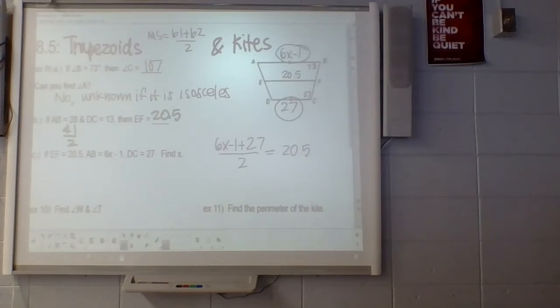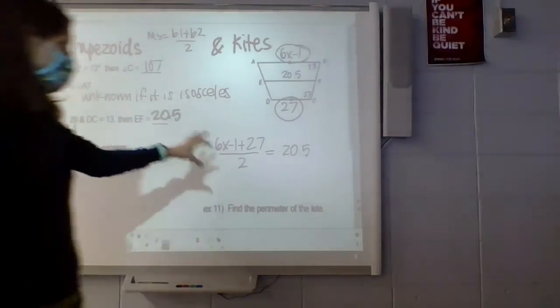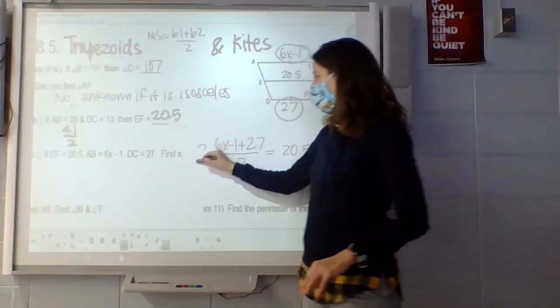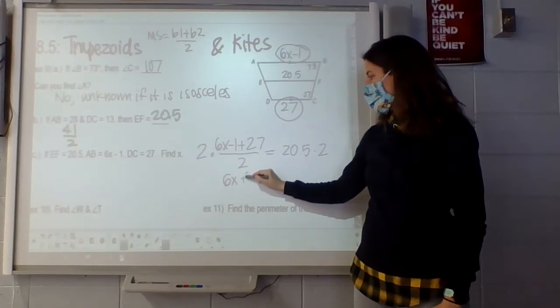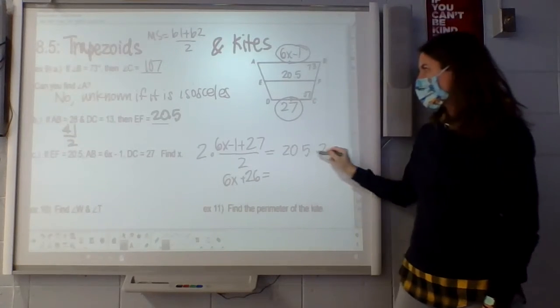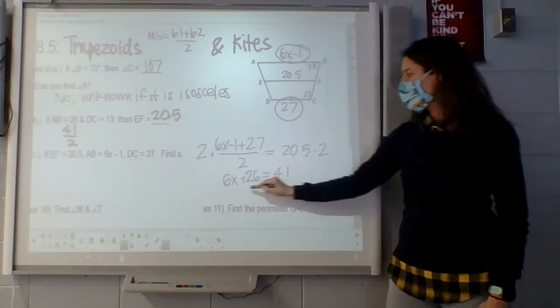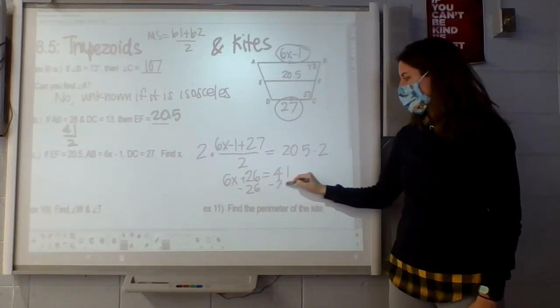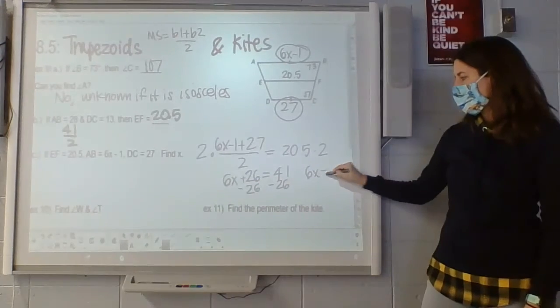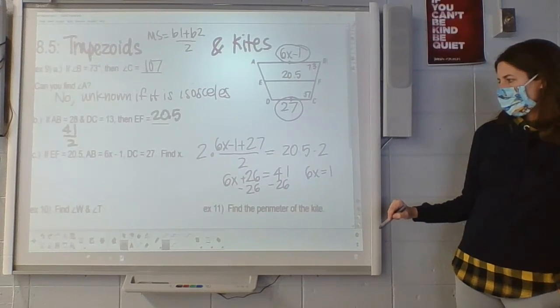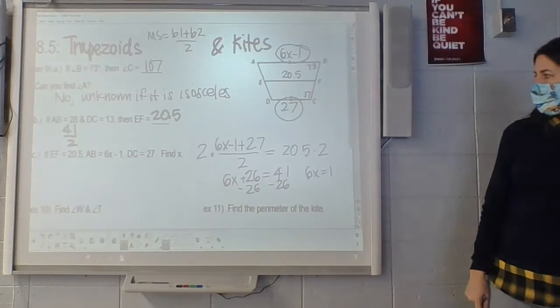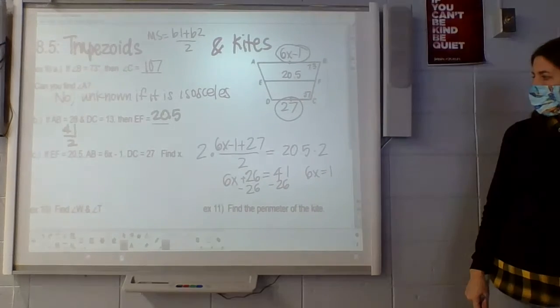But in order to solve this, I could either choose to divide these by 2, or I could just get rid of the 2 and multiply by 2. And this will be 41 over here. So this will be, what did I do? Did you forget the minus 1?